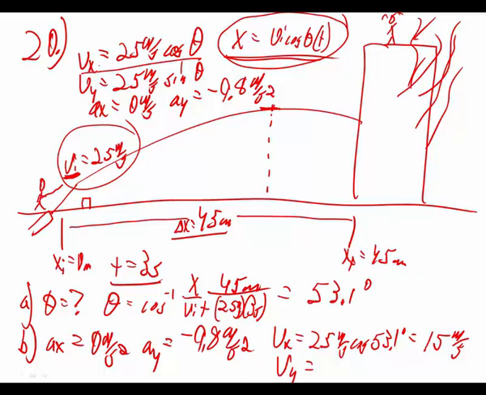Is y changing at its highest point? Y is not changing at its highest point, is it? Uh-oh. So that means the change in y is what? And when I divide that by time, what do I get? 0. So the velocity in the y direction is what, at its highest point now? Okay? Does everybody agree with that?